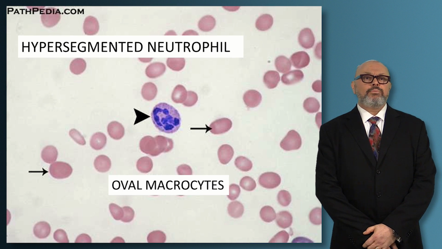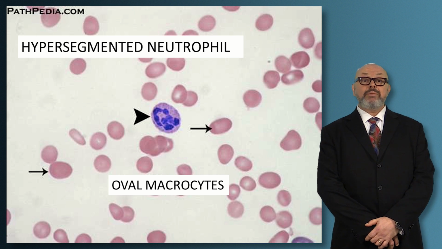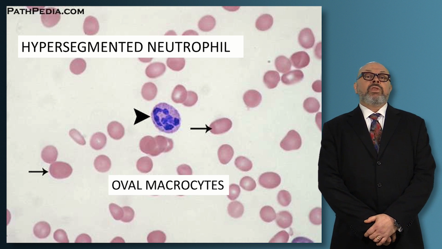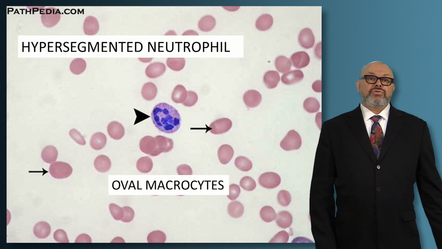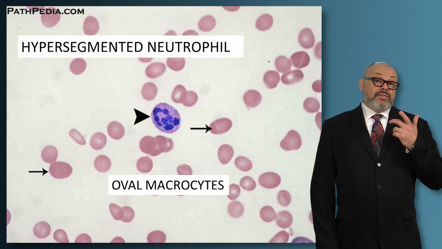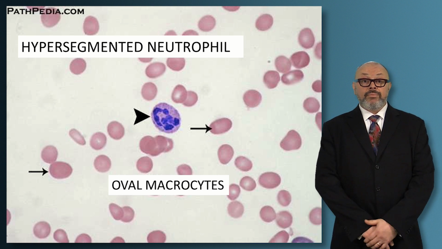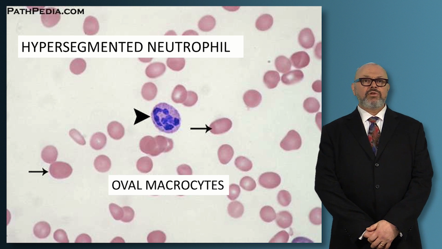Here's another neutrophil abnormality. This is a hypersegmented neutrophil. I've told you already that neutrophil nuclei are normally segmented, but typically neutrophils have 3 or 4 segments in the nucleus. You can see that this neutrophil in the center of the film has about 6 or possibly 7 nuclear segments.